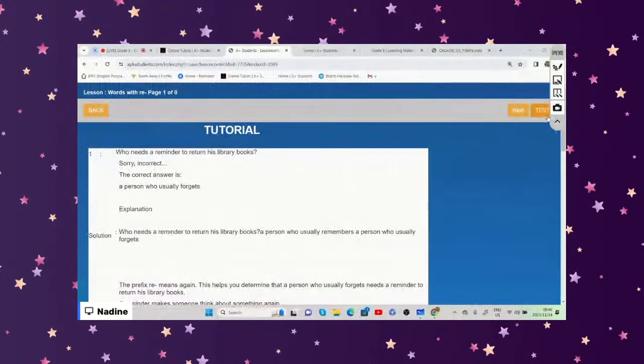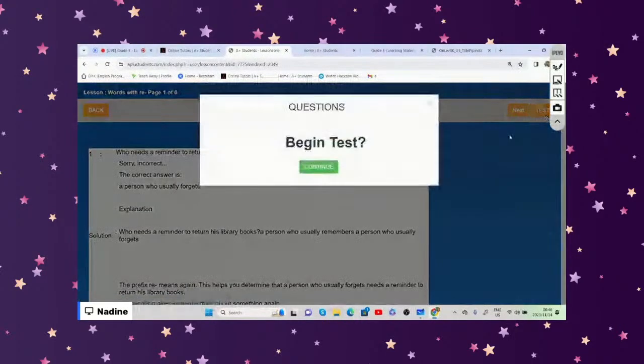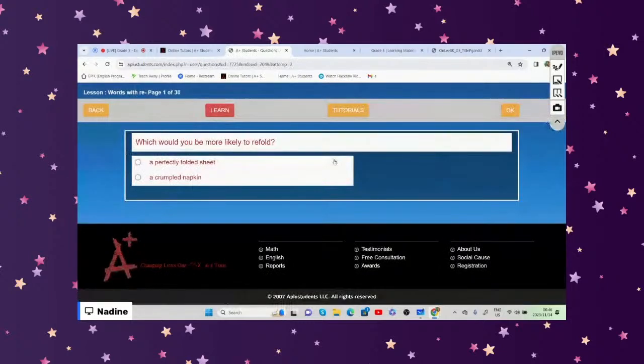All right. And before we go, let's quickly do our one test. It says, which would you be more likely to refold? If something needs folding, right? You folded something, maybe it fell on the floor, for example, and now you need to refold it.